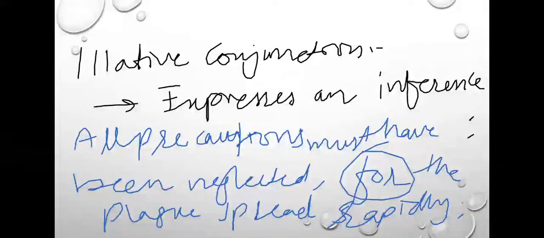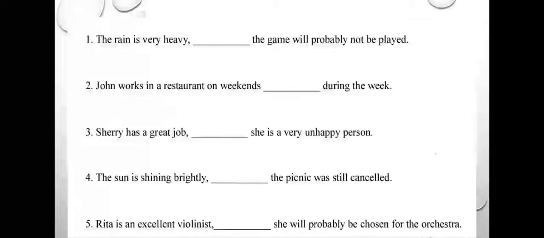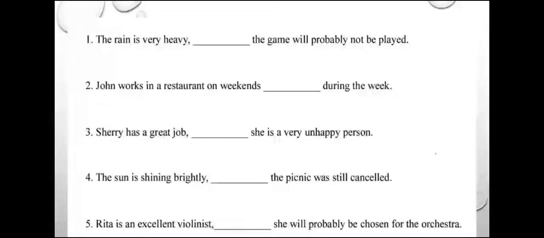Let's move on and solve some of the most important MCQs, because practice makes a man perfect. First one is, we have to use the coordinating conjunctions here. This one is very heavy. The game will probably not be played.